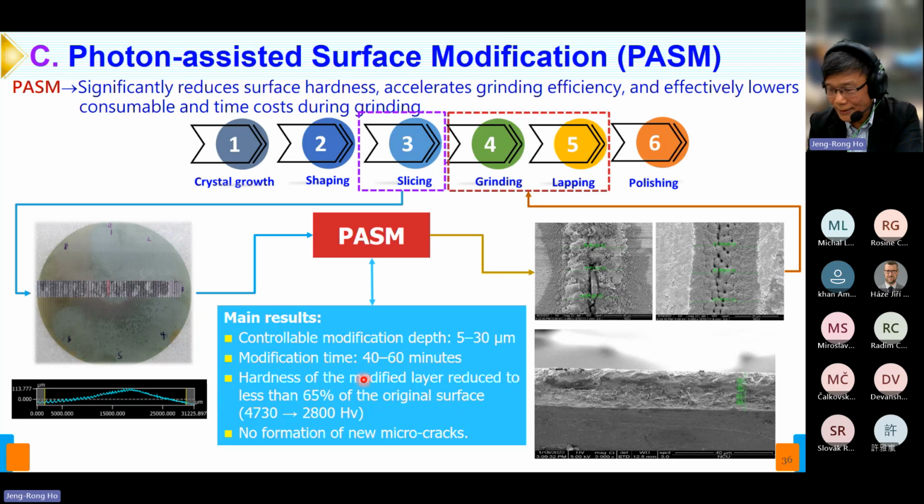The hardness of the modified layer is reduced to 65% of the original surface, from 4,700 down to 2,800. And in all the modified areas, we don't introduce new microcracks.